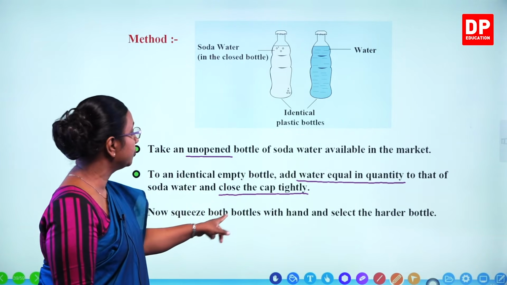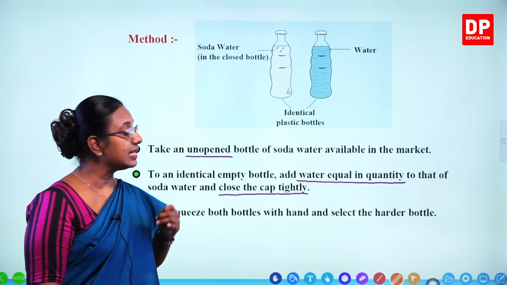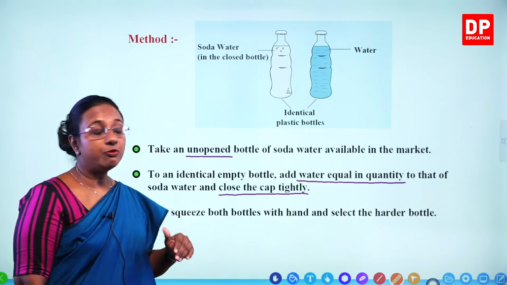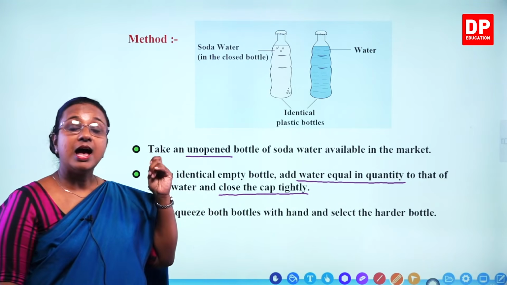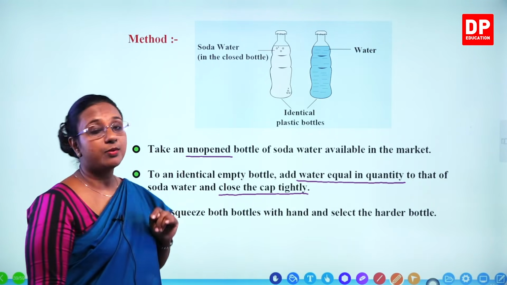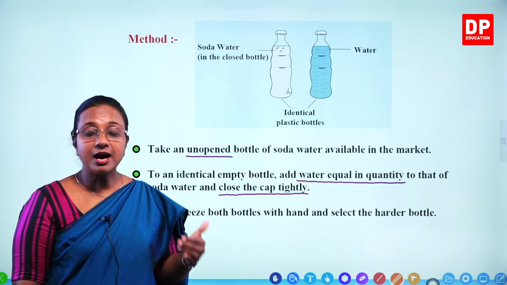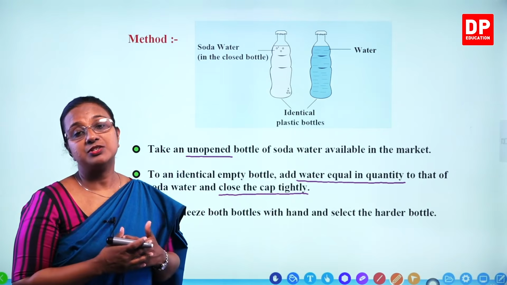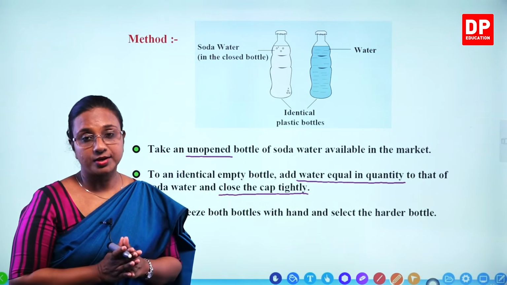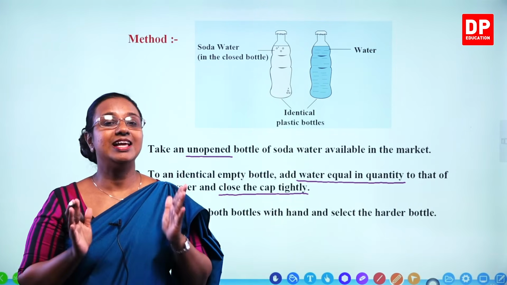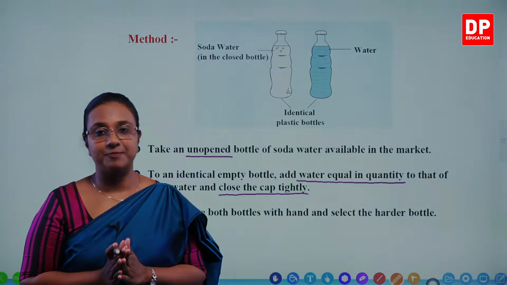Now squeeze both bottles with hand and select the harder bottle. So as I explained before, in addition to this, I will open the soda water bottle and observe what happens, and thereafter again I will try to squeeze the two bottles. So this is a very simple activity. Let us do this in the lab.